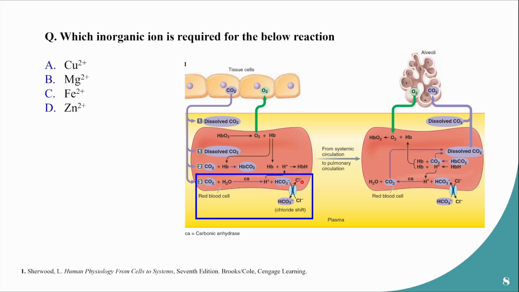This is the process by which tissue cells and alveoli exchange gases throughout the circulatory system, right? So does anybody know what inorganic ion is required for carbonic anhydrase?